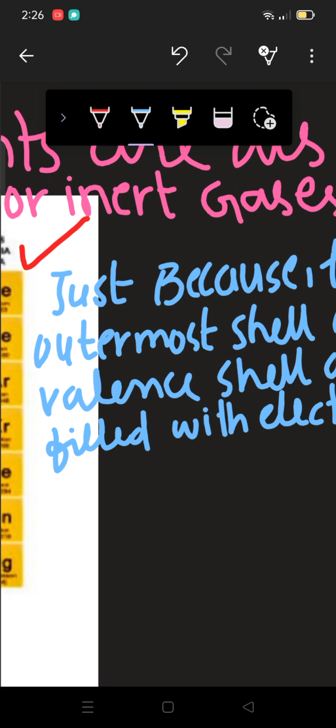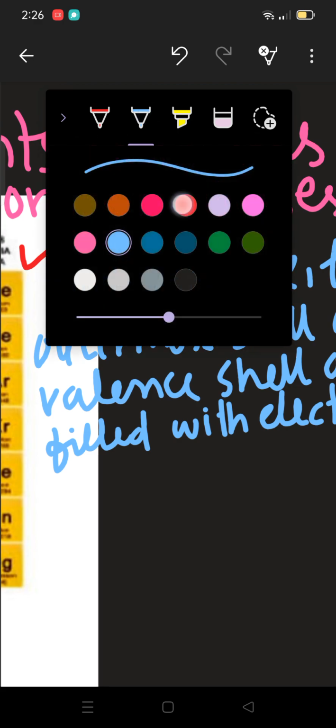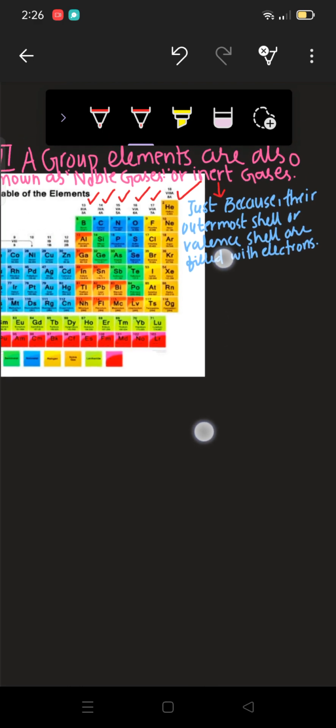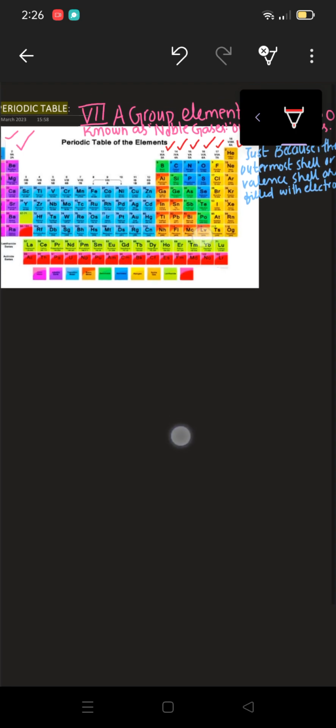That's why they are known as noble gases or inert gases. So we have gotten the reason as well.